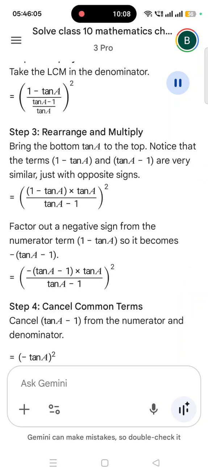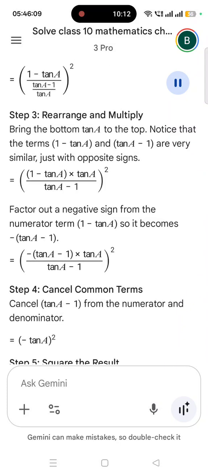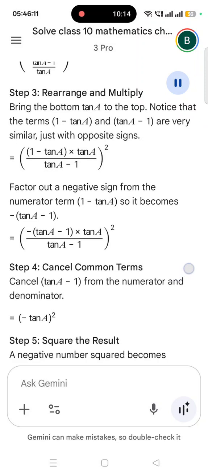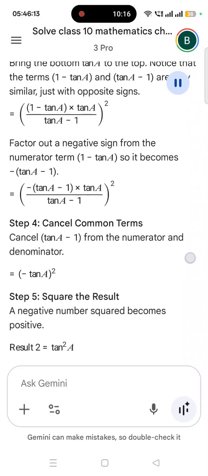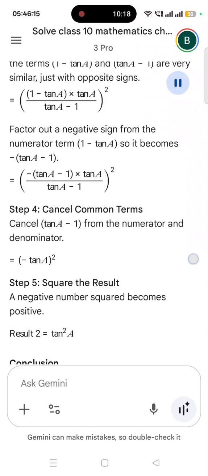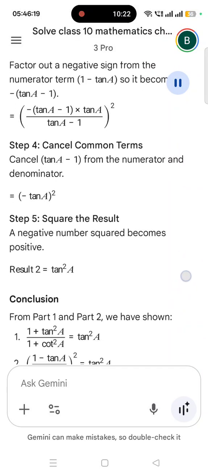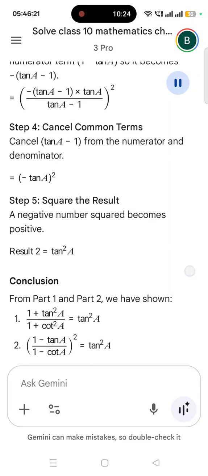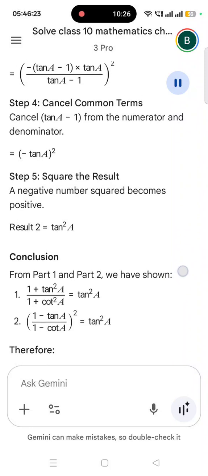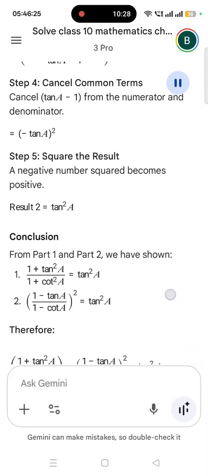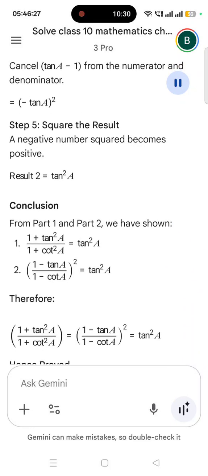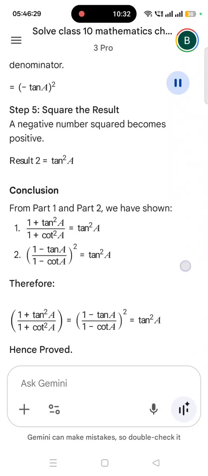Notice that the terms 1 minus tan A and tan A minus 1 are very similar, just with opposite signs. Factor out a negative sign from the numerator term, 1 minus tan A, so it becomes minus (tan A minus 1). Step 4. Cancel common terms. Cancel tan A minus 1 from the numerator and denominator. Step 5. Square the result. A negative number squared becomes positive.